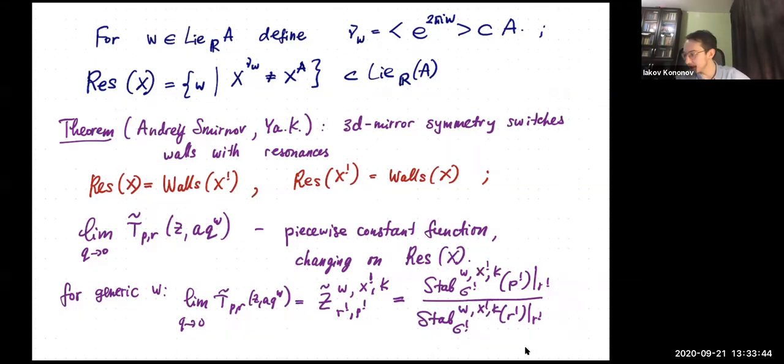And similarly, the limit when we shift the equivariant parameter, the limit when Q goes to 0, is a piecewise constant function, which changes on the resonance set. And for generic W, such a limit gives us K-theoretic stable envelope of the dual variety, and it depends only on Z. So this theorem follows just formally from the theorem of Mina and Andrei by applying 3D duality, 3D mirror symmetry.